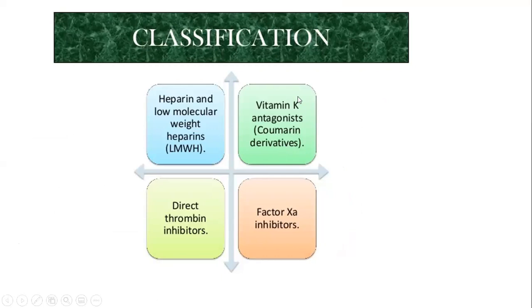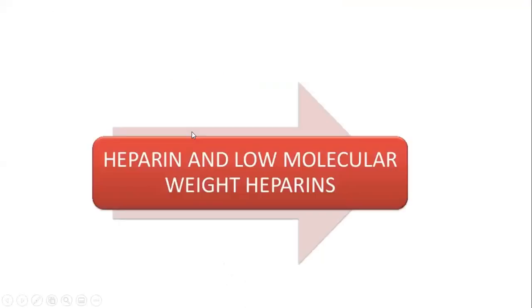Then the second classification is vitamin K antagonist, that obstructs the action of vitamin K. The third one is direct thrombin inhibitors. And the last one is factor 10A inhibitors. These are the medicines which stop the action of factor 10A. So these are the 4 classifications.